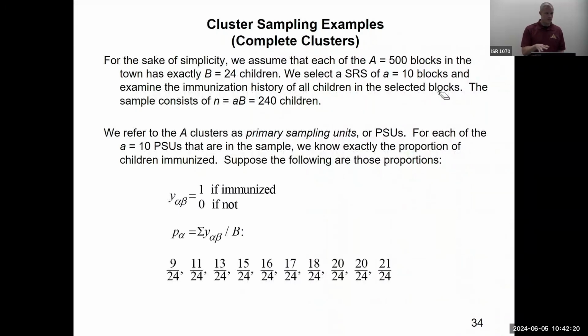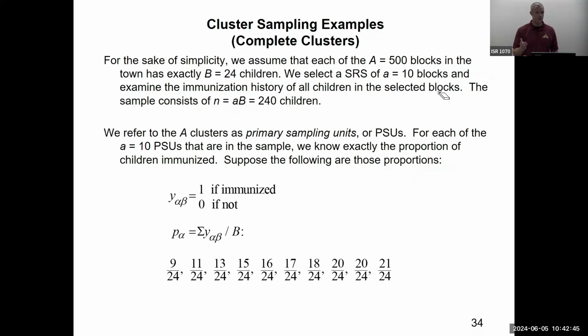So these cluster-specific proportions, those are the data that we're working with. And what you see is that there's a ton of between-cluster variability. Some clusters, less than half of the kids are immunized. Other clusters, almost every kid is immunized. What that equates to is a lot of correlation of people within the same cluster.